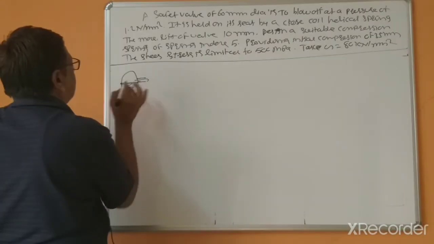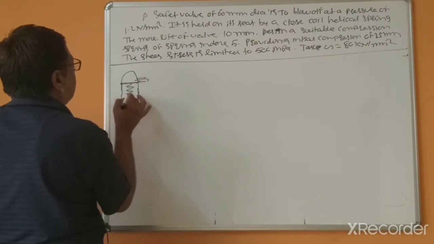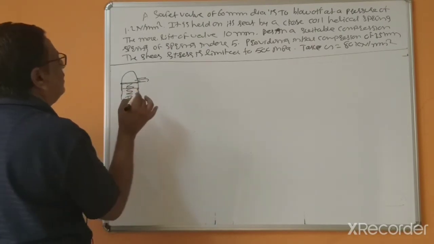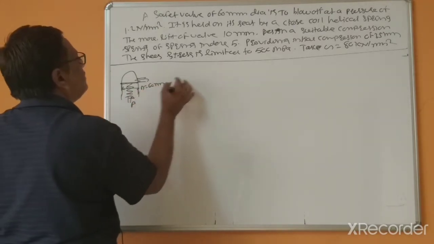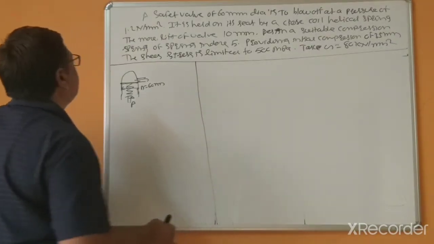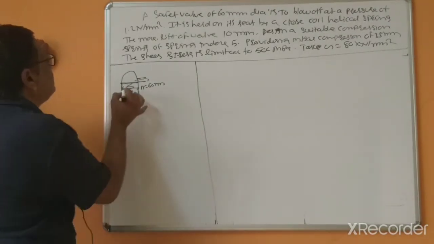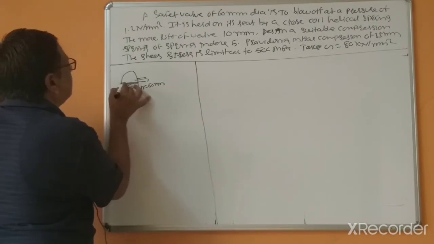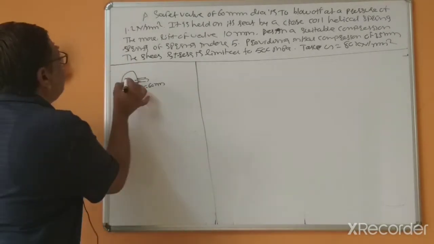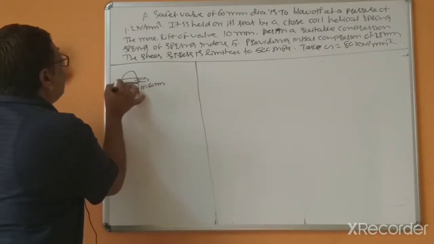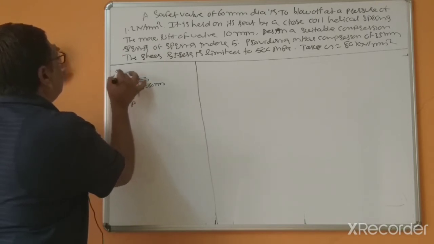So this is the pressure and this diameter is given 60 mm. Capital D equal to 60 mm. Try to understand this. This is the seat and this is the maximum lift. This deflection is given, lifting for this deflection is given, and this is equal to 10 mm.